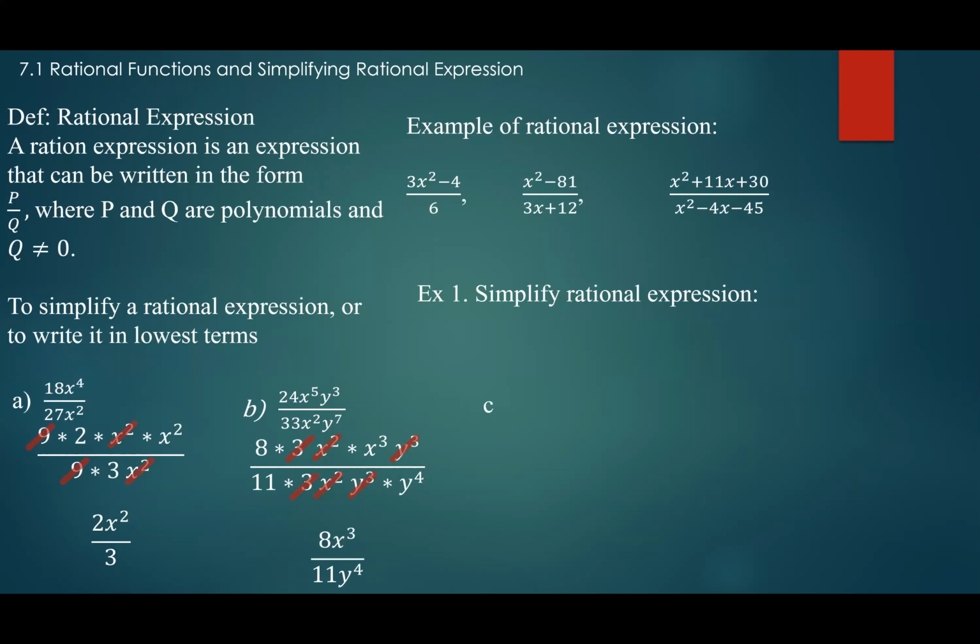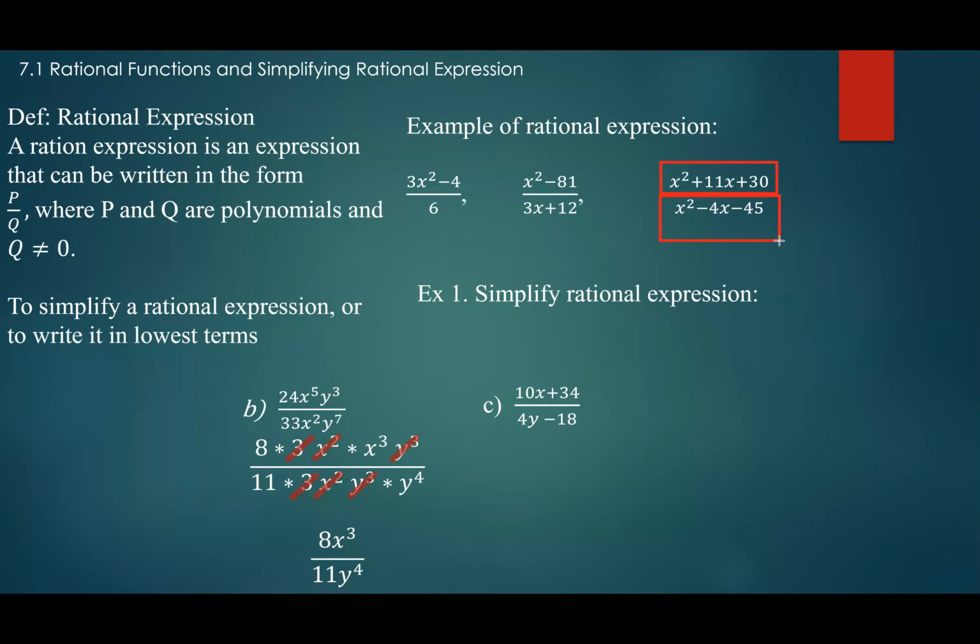Now in C, how do we know if something is a binomial? Well, if your items are separated by addition or subtraction, we know that it's a binomial, right? And up here, we have a trinomial over a trinomial. So one thing is, if we have a monomial over a monomial, you can pick and choose what to cancel out, right?